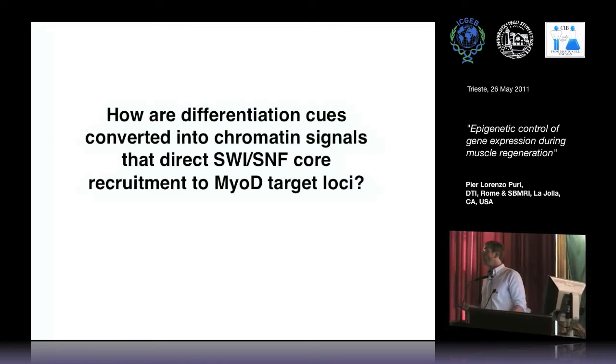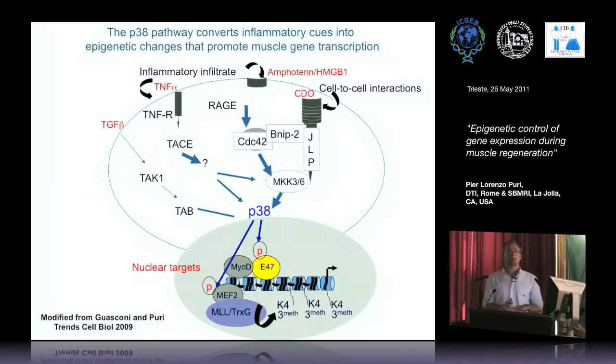And we know since a long time that a very strong signaling pathway that induces muscle gene expression in myoblasts is the p38 pathway. And in particular, among the four isoforms, alpha, beta, gamma, and delta, alpha and beta are extremely important, are necessary for the activation of the myogenic program.